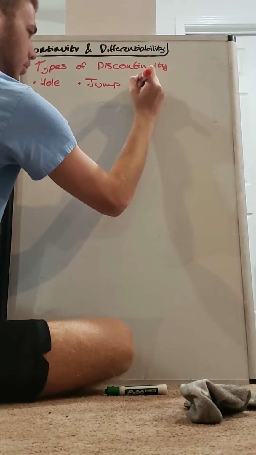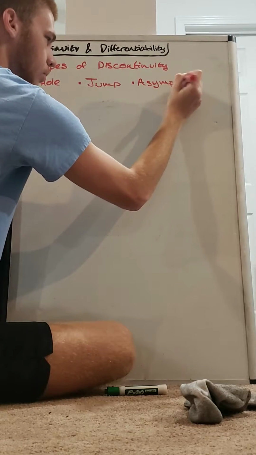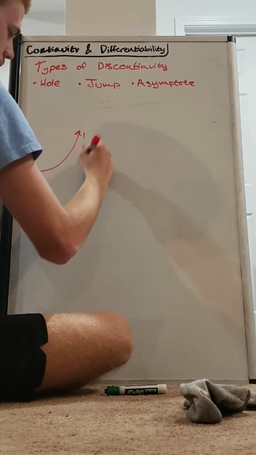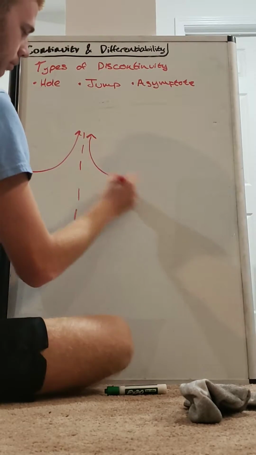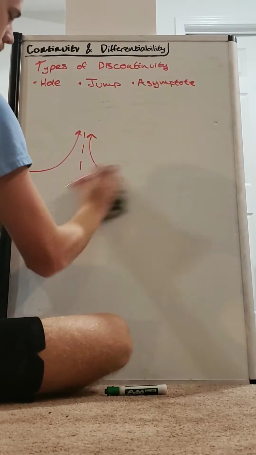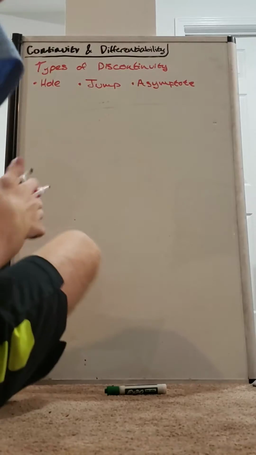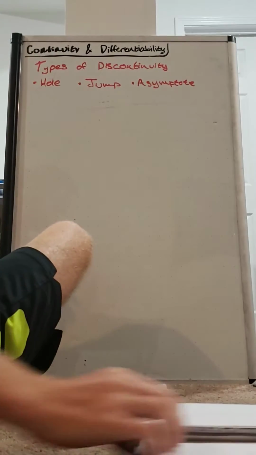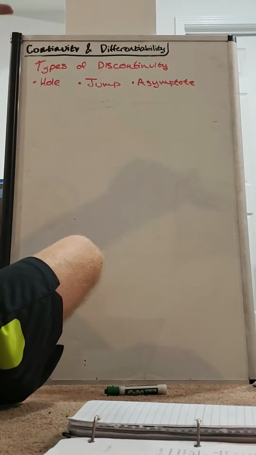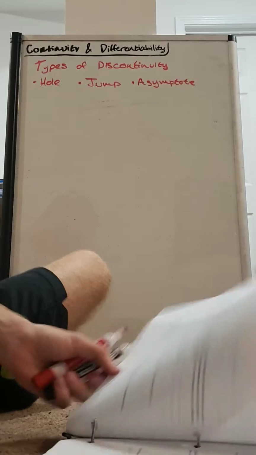And then the third one was due to an asymptote, like if we had an asymptote here, because there's no function value at that point. All right, so if we look at some examples, I already went through the first one with the hole, where we factored the numerator and canceled, but we had to leave a hole at that point.